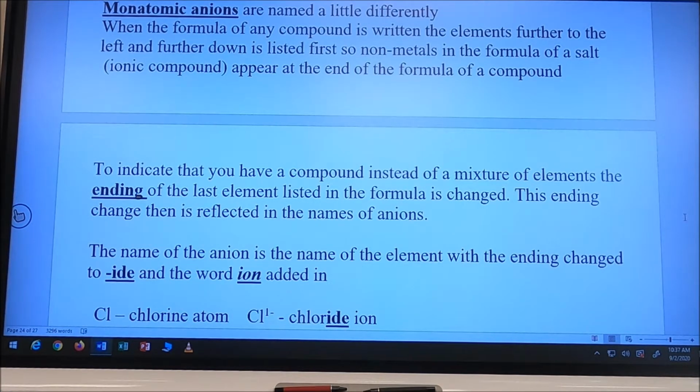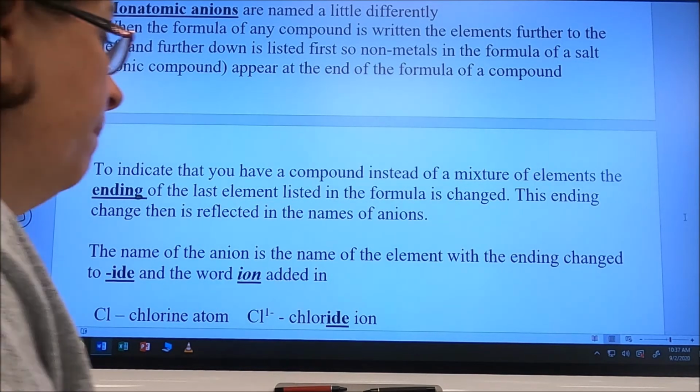For anions made from a single atom, a monatomic anion, the last syllable in the name of the element is going to be changed to IDE. So the chlorine atom becomes the chloride ion. The INE becomes IDE.